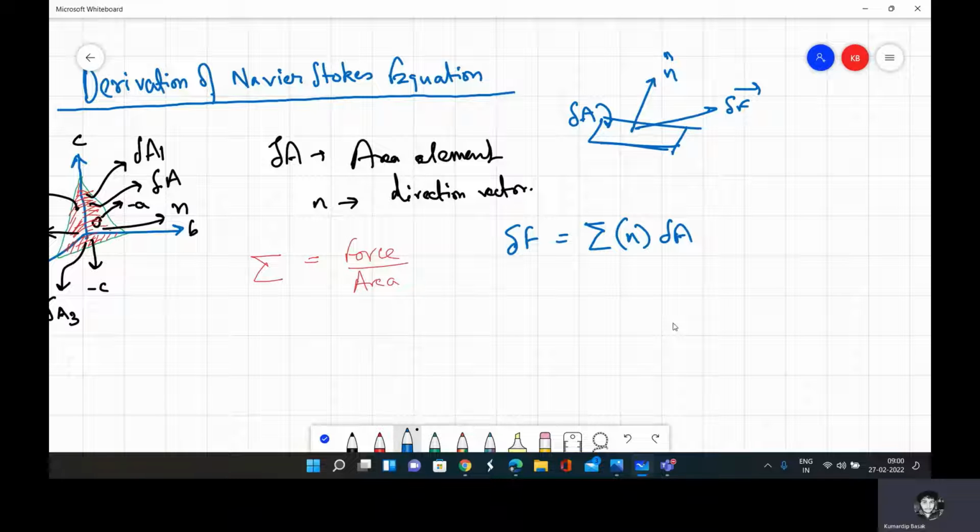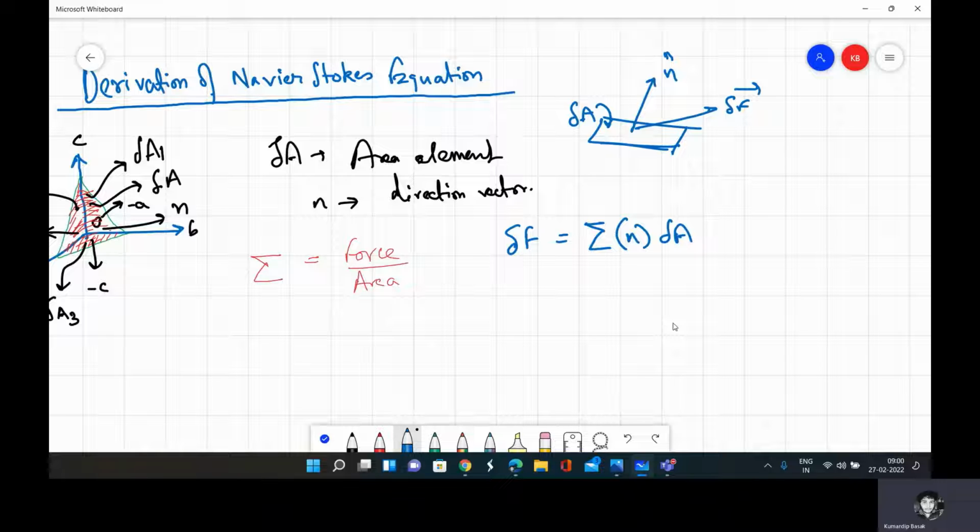So dF is the force, which is stress into area. dF is the force and sigma N is the stress quantity, or we will construct a different vector, but at a later stage, let's just consider it as any stress quantity relating dF and dA.